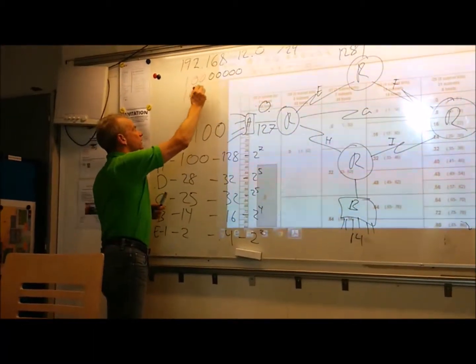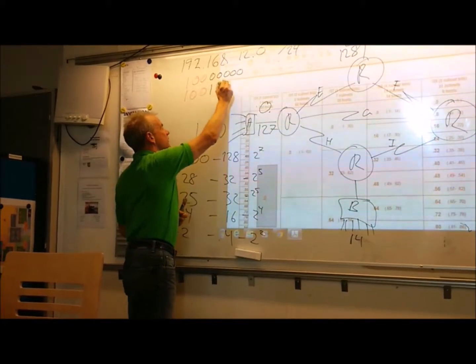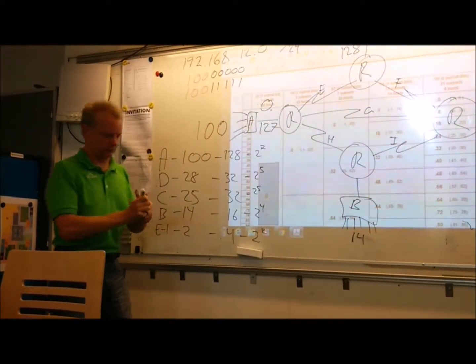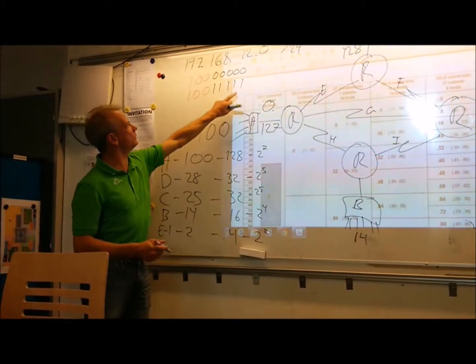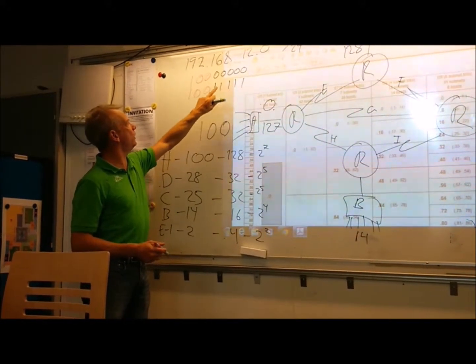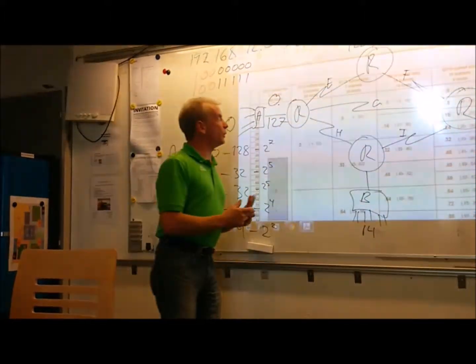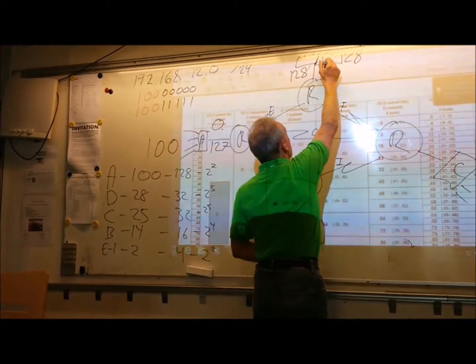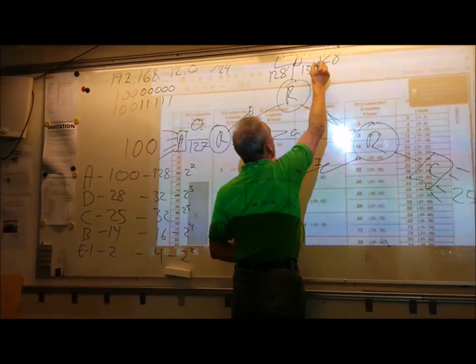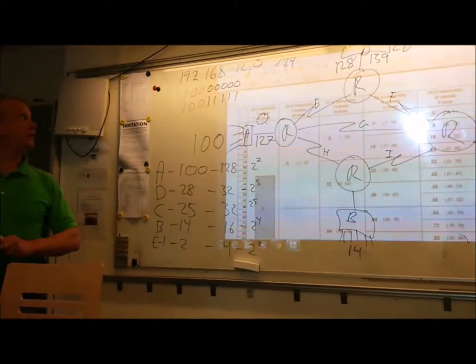Same subnet bits, but all host bits are 1s. Ending address is 128 plus 1, 2, 4, 8, 16, that's 31, plus 128 gives 159. Yep. That is the ending address of B network.